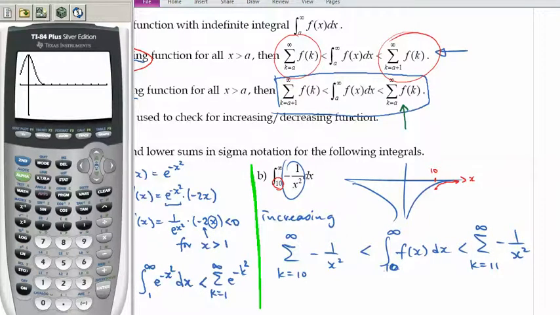So technically, I should have this part as k squared, and this part will be k squared as well. So starting from k equals 10 all the way up to infinity, with the right end, the other sum, the maximum sum will start from k equals 11 up to infinity.